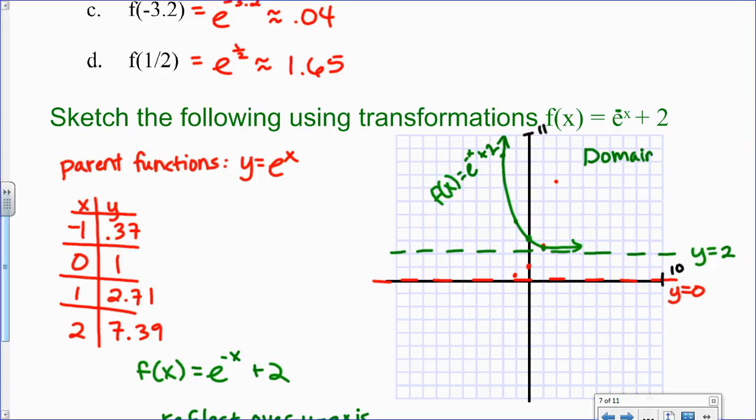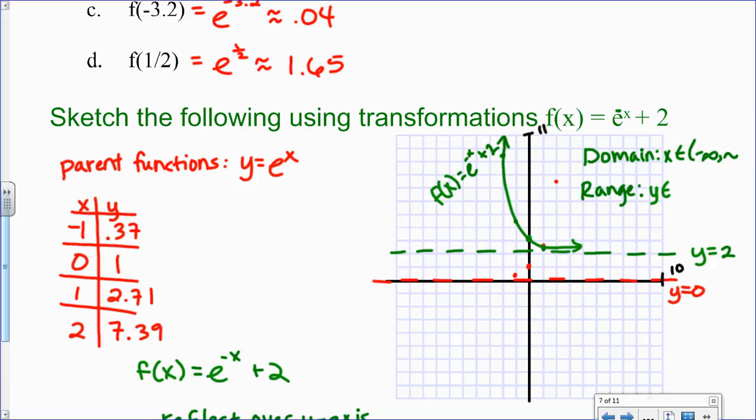After you graph, go ahead and fill out your domain and range. So what's my domain?